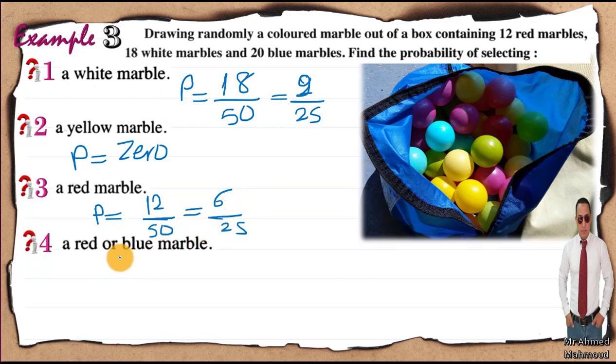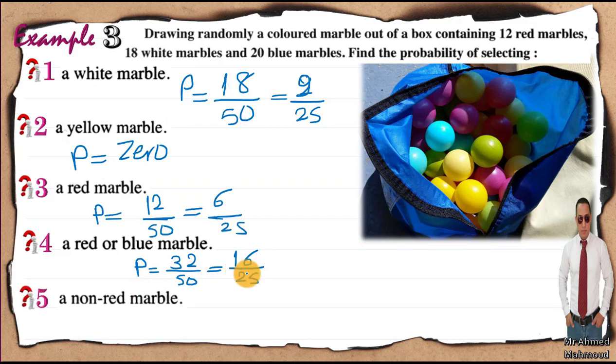Red or blue? I'm going to take 12 red plus 20 blue. 12 plus 20 equals 32. So the probability here equals 32 over 50, which is equal to 16 over 25.